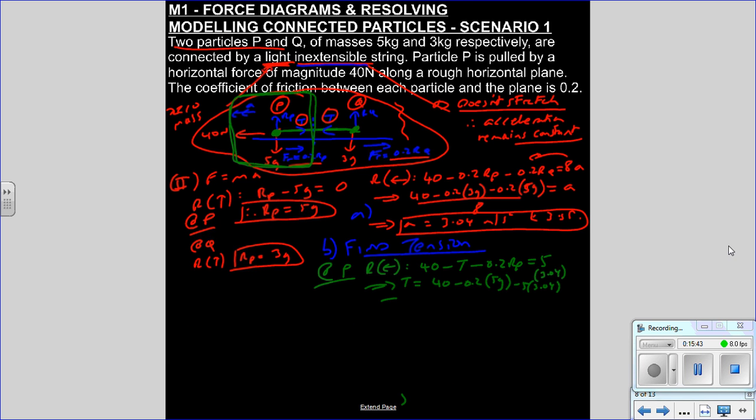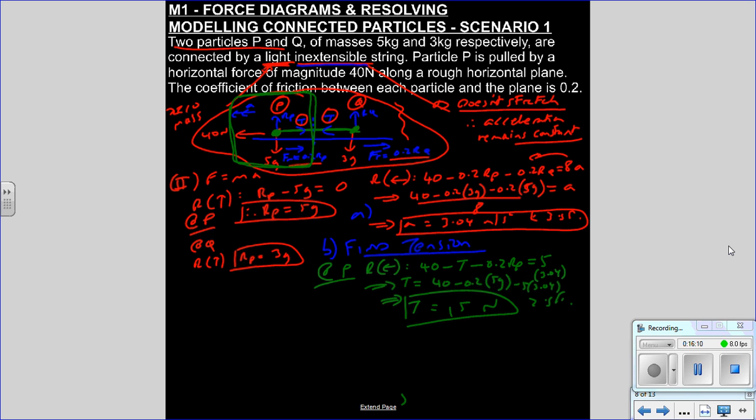So tension equals 40 minus 0.2 times 5 times 9.8, minus 5 times 3.04, 15 newtons. And again, that's 2SF because of G, okay? If you did it on the other side, at Q, you'd get 15 newtons as well. It literally doesn't matter.